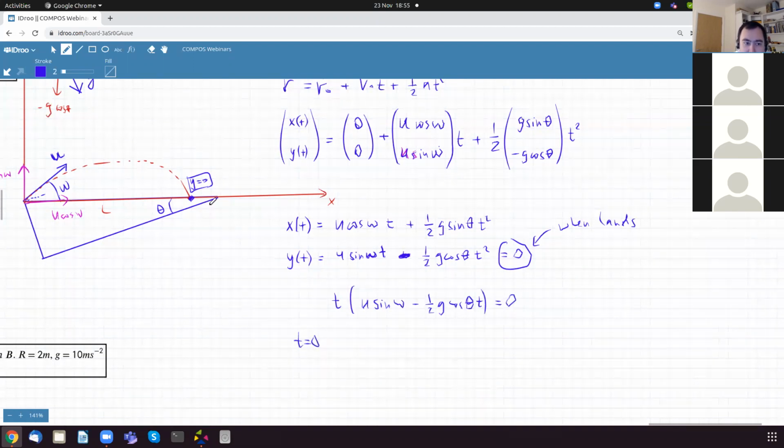Well, when t is 0, y is 0. Yes, always. That makes sense because we start from 0. So this is a solution, but it doesn't make sense for us. So we need the other one. And the other one is when this bracket is equal to 0. So it's a factorization, a product of two numbers equal to 0. So t is 2u sine omega divided by g cos theta.